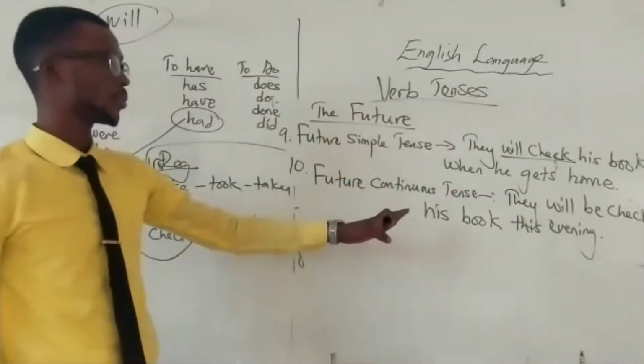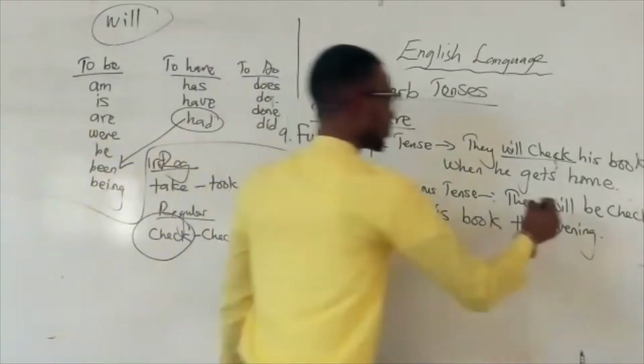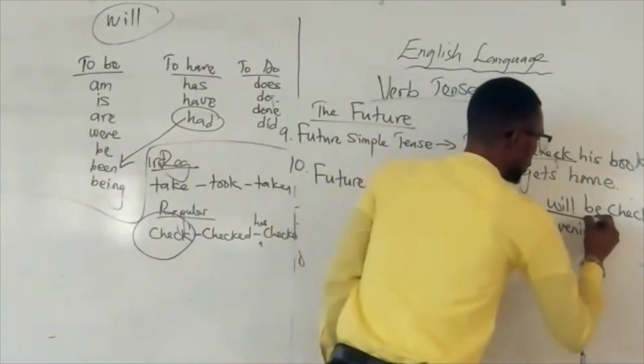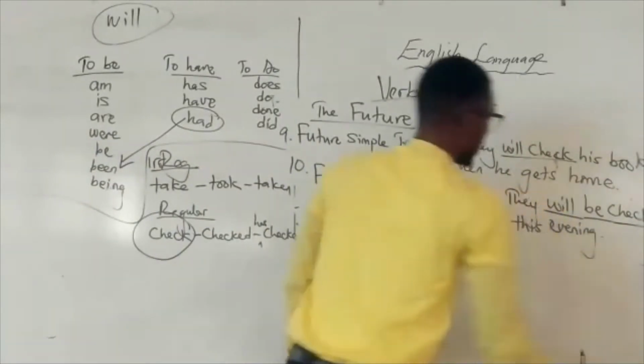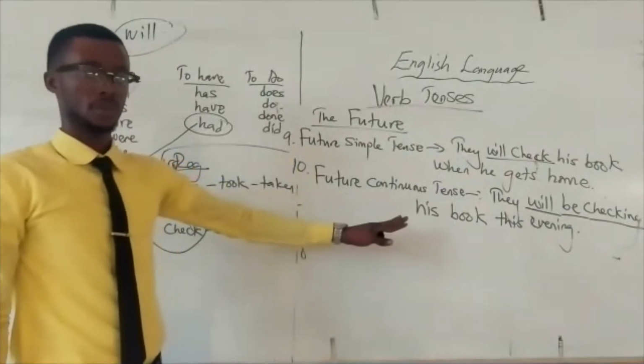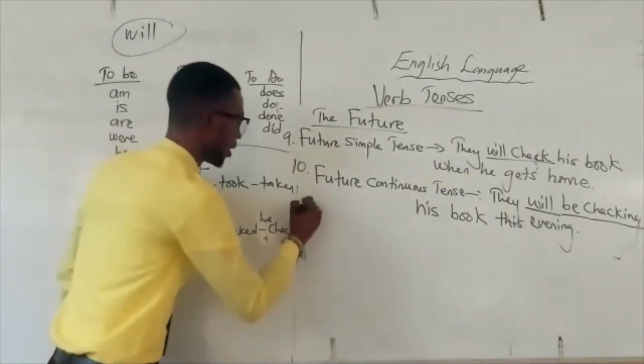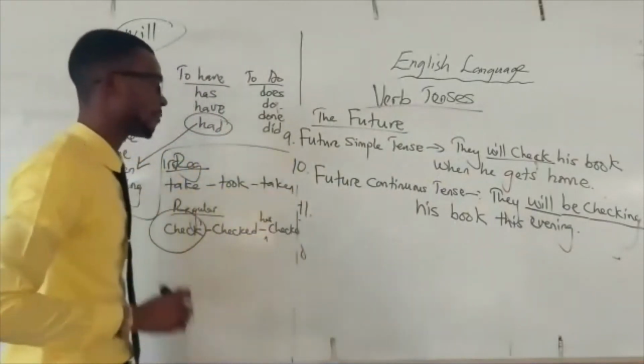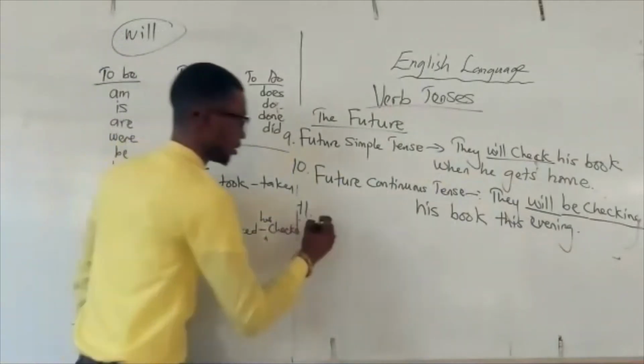They will be checking his book this evening. Okay? Use will plus be plus the verb plus ing to form the future continuous tense. Now, 11. Next, that is the future perfect tense.